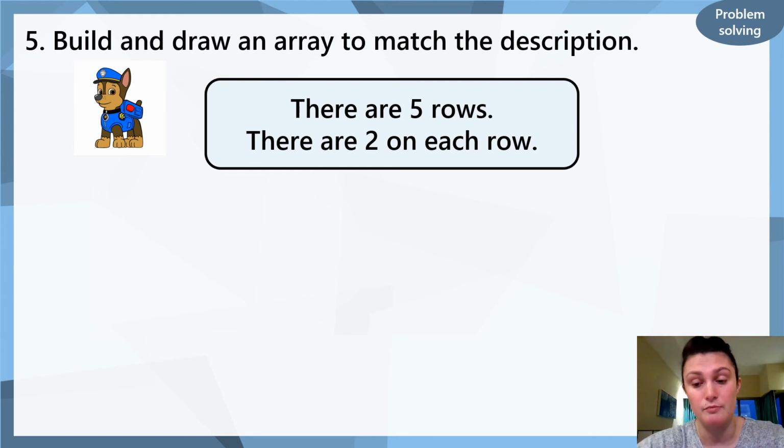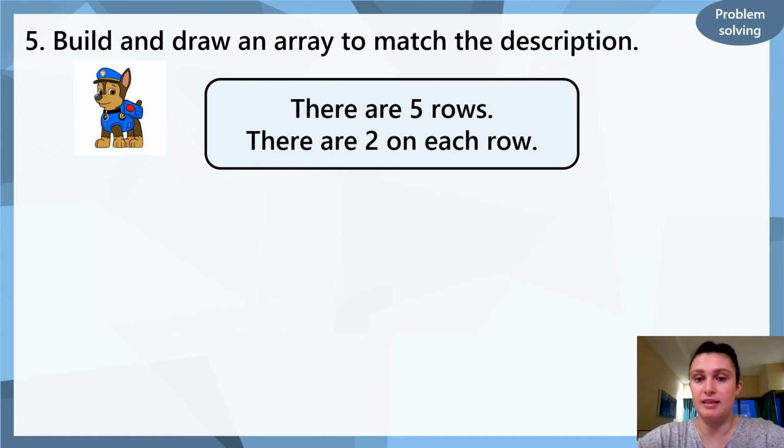Maybe you could use some toys or cubes or counters or dice, anything that you have. You can use to make this array, but you have to follow these rules. There are 5 rows and there are 2 on each row. So you need to make 5 rows and each row must have 2 things in it.